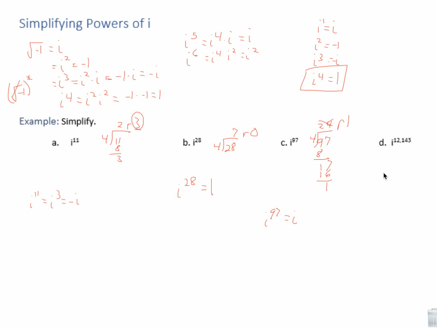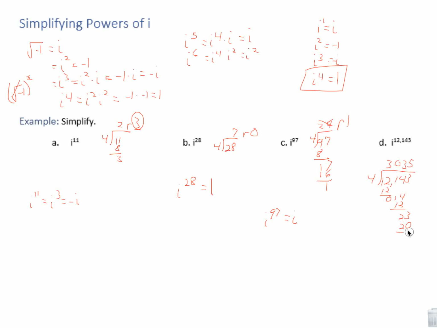12,143. So we want to divide it by 4. That goes in there 3 times. Again, this number that we get here doesn't really matter. We'll bring down the 1. 4 goes into 1 0 times. Bring down the 4. 4 goes into 14 3 times. 3 times 4 is 12. 2, bring down the 3. 23 is 5 times.